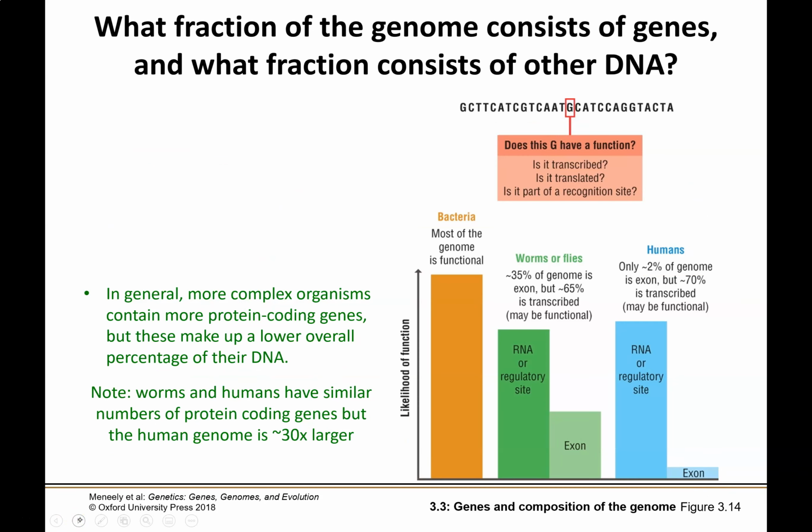So in general, more complex organisms have more protein coding genes. But the flip side of that is that they also make up a smaller percentage of the DNA.